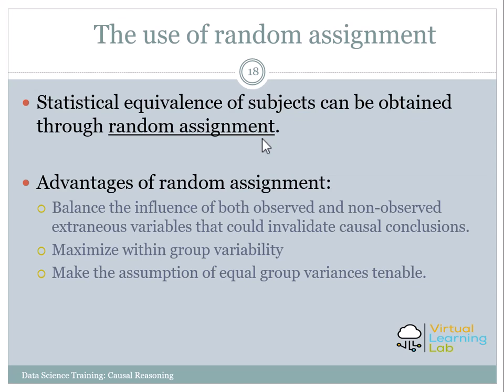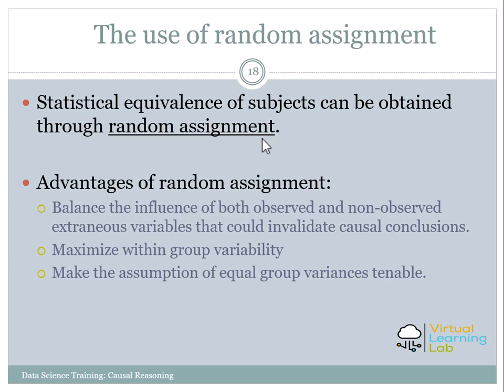So the previous slide shows that an unbiased estimate of the treatment effect with just a difference between means of the treatment and control groups requires statistical equivalence of treatment and control groups, meaning that the expected value of one group in one condition is equal to the expected value of the other group in the same condition. And this statistical equivalence can be obtained with random assignment.